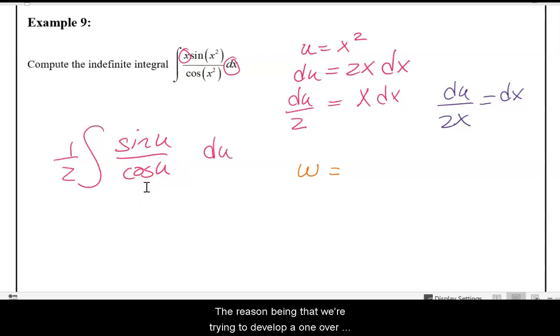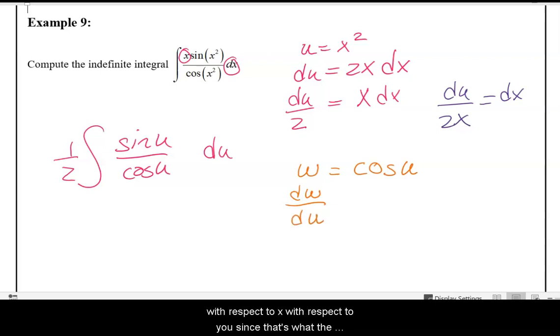The reason being that we're trying to develop a 1 over u du so we can use the natural log of u. This would lead to omega being the cosine of u. Now I need to take the derivative of omega, but not with respect to x, with respect to u, since that's what the previous differential was.